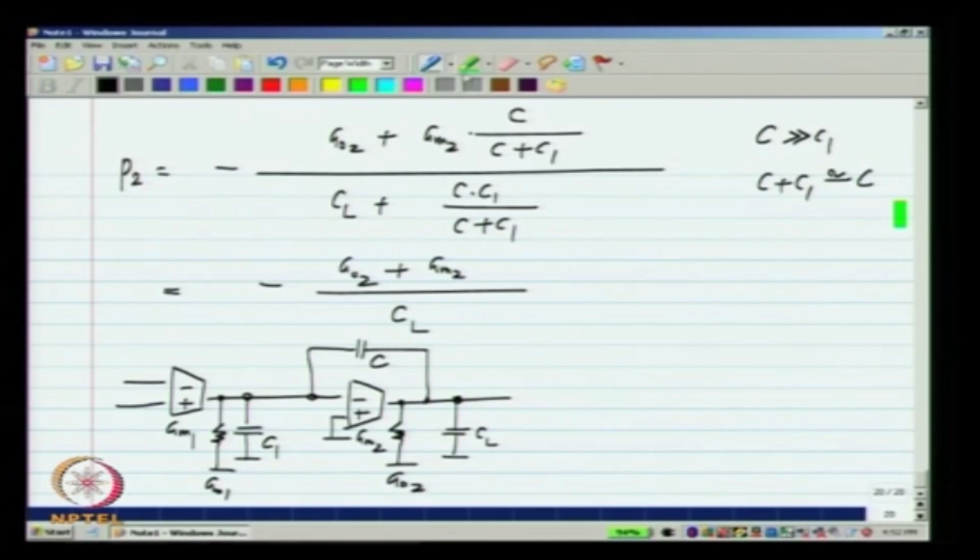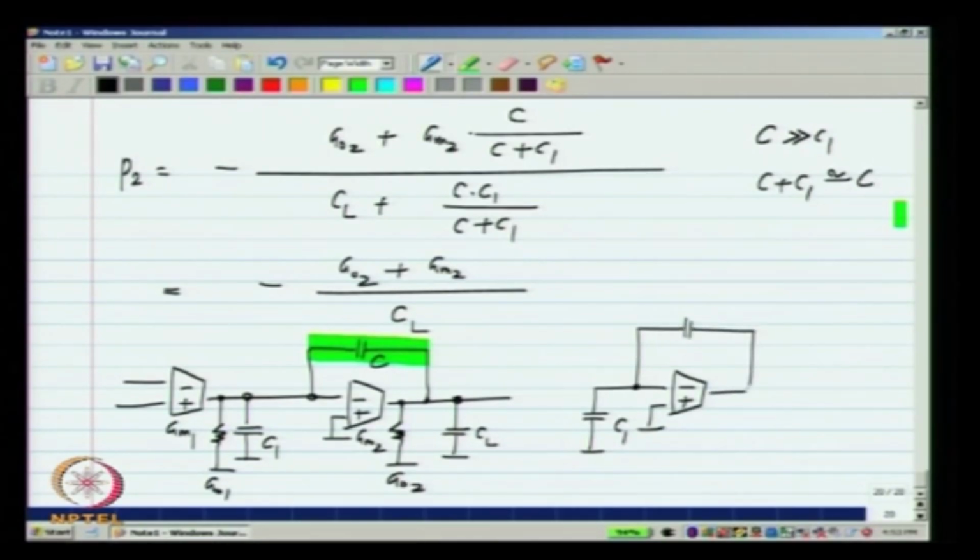So, what does it mean? Earlier we assumed that in this feedback we had a division ratio of C by C plus C1. Now, if C is much more than C1, there is no division at all, any voltage that appears here also appears there. So, C is approximately like a short circuit, right. In that case, we will have this topology when this is a short circuit. I will just short this.